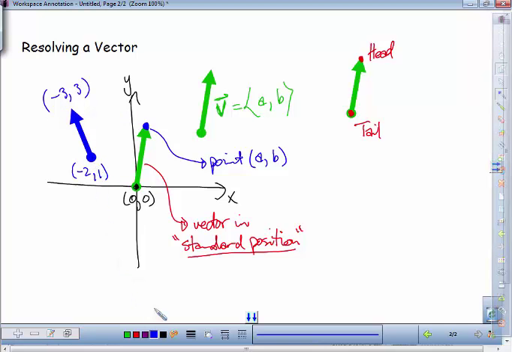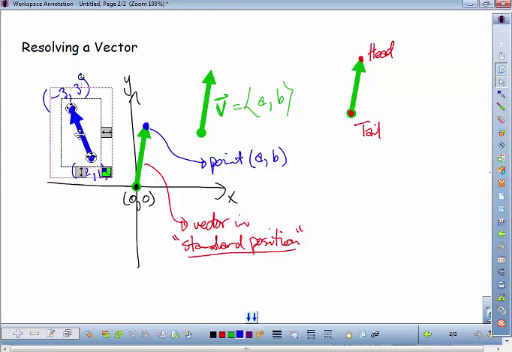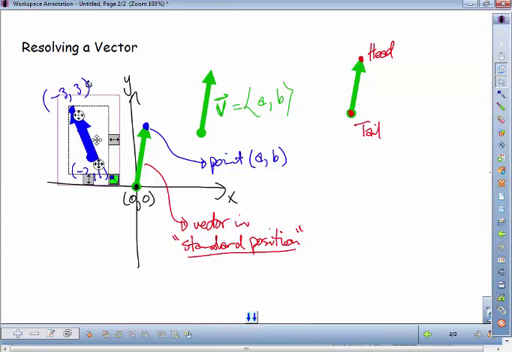So these are the actual points of where the tail and head are. So we can think about bringing it back down to the origin, to quote, resolve our vector.